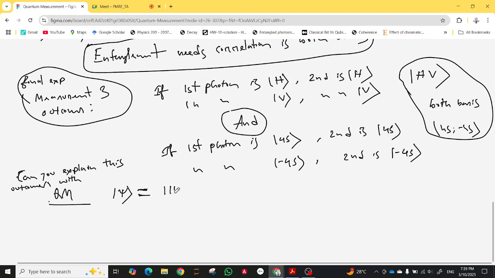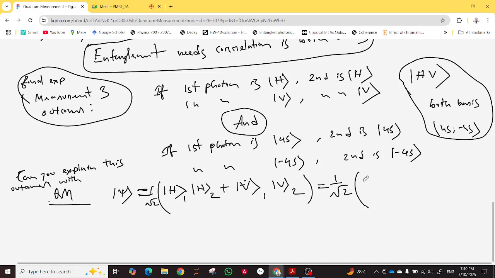Psi will be just: first one is H, second one is also H, with 1 by root 2, plus first one is V, second one is also V. And this is equal to this. This equal sign is important, right?